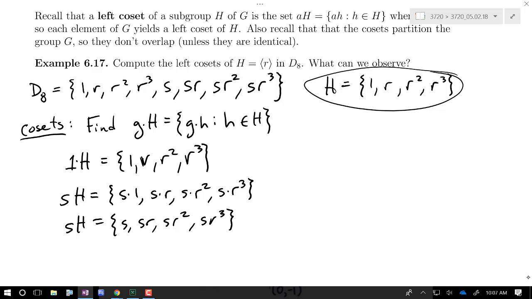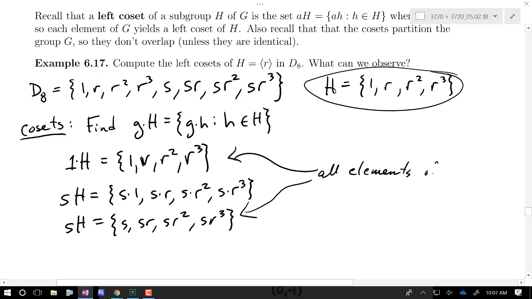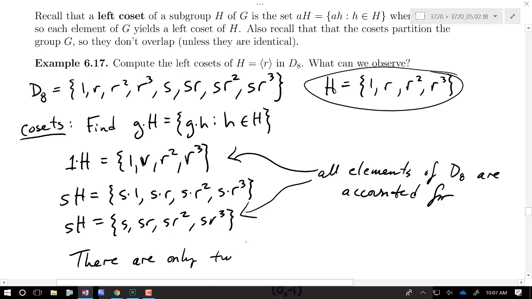No. So we got all 8 of the elements. Every element in the original group is in one of these 2. All elements are accounted for. And so that means there are just 2 cosets, only 2 cosets of this subgroup.